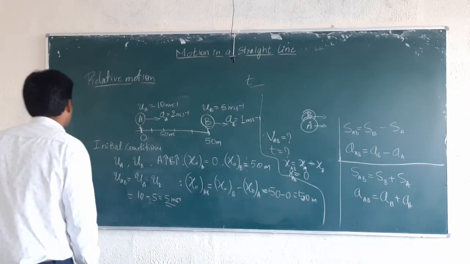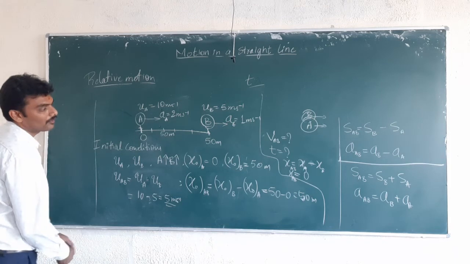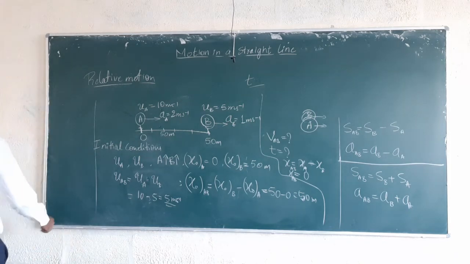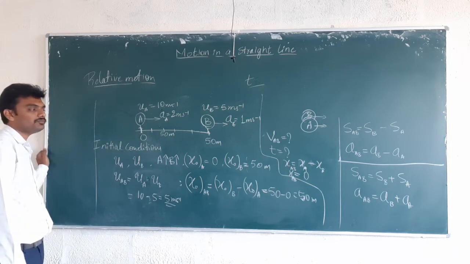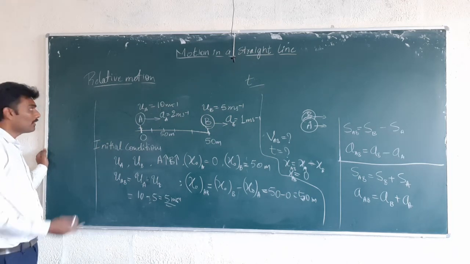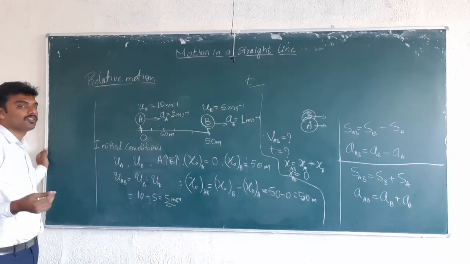Right. So now these are the given factors. Now there is an equation, the second equation of motion, which is simply S is equal to ut plus half at square. Instead of that, I have told you that I can also make use of x.